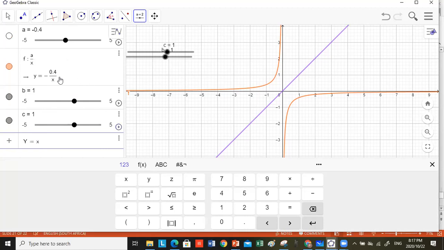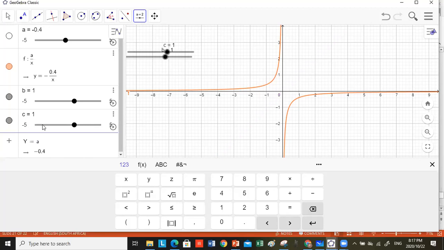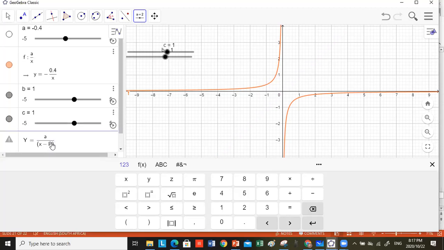Now let us have a different equation, that is y equal to a over (x minus p) plus q. Sorry, it should be a capital letter P. And let's see what is going to happen.